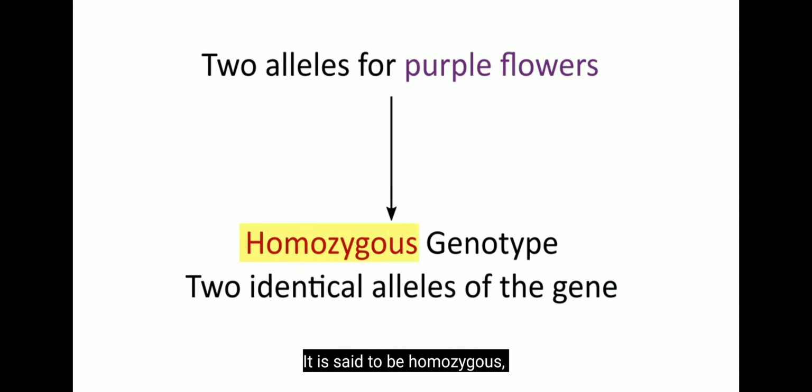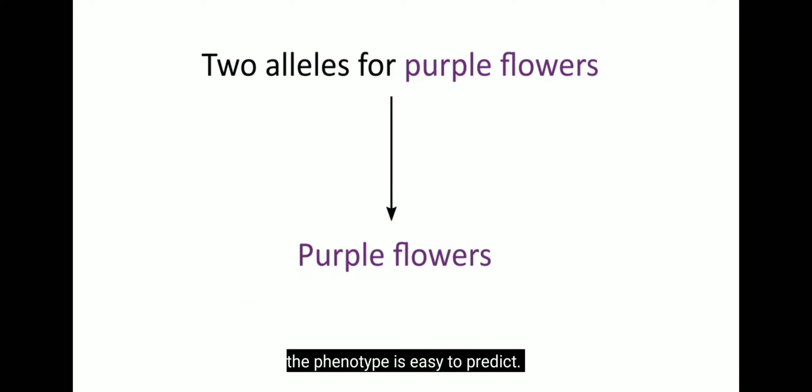It is said to be homozygous because its alleles are identical. For a homozygous genotype, the phenotype is easy to predict. A plant with two alleles for purple flowers will produce purple flowers. Similarly, two alleles for white flowers will produce white flowers.